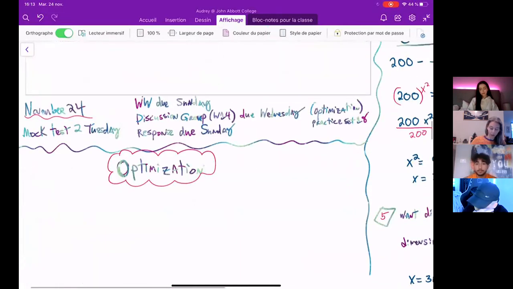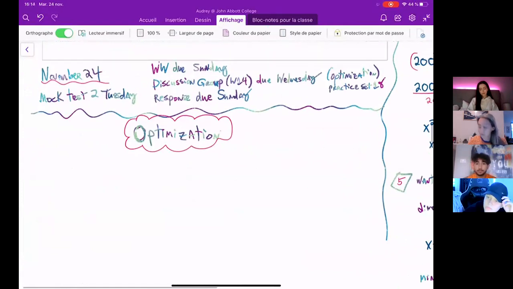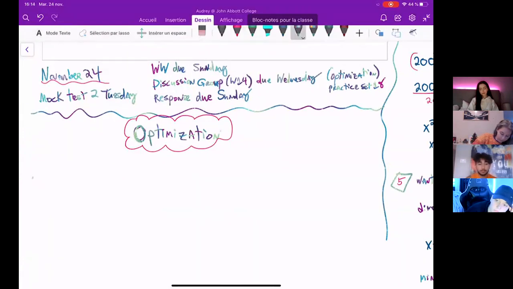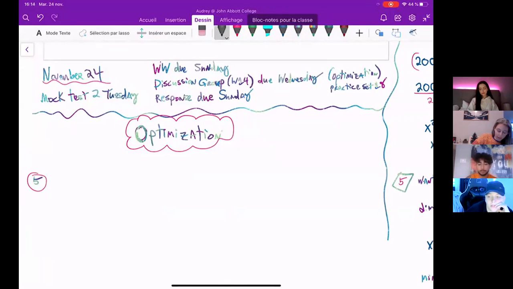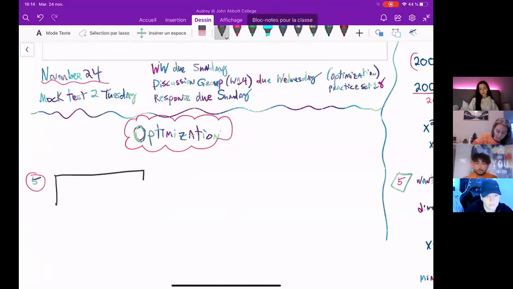We have a rectangle. This is question 5. So they have this living area, and they want to separate it into 3 spaces using their seaweed. So in other words, we have something like this going on.